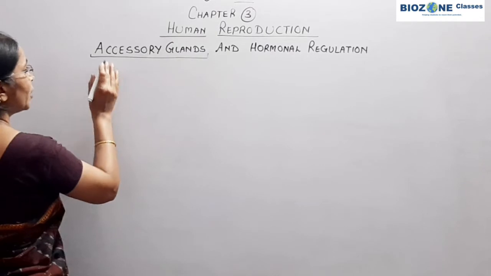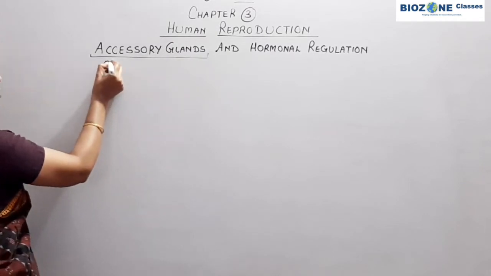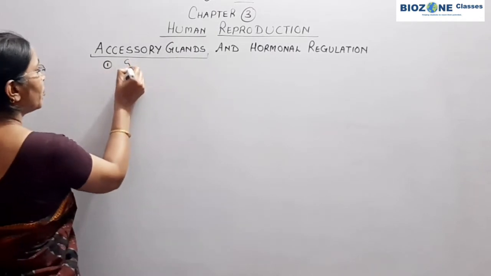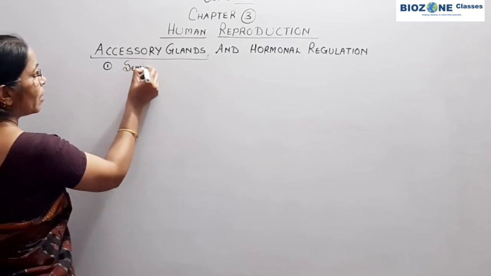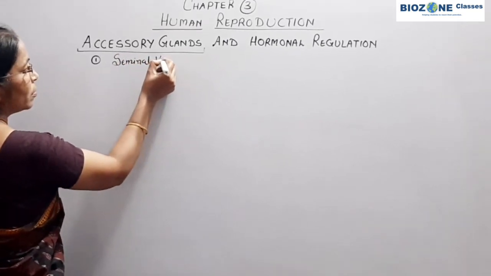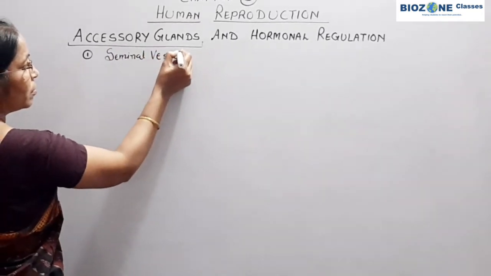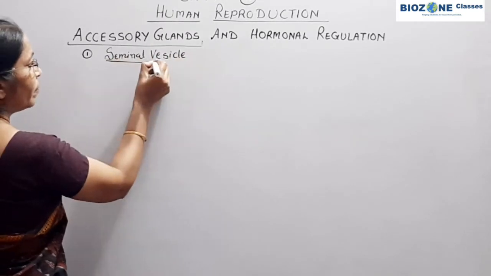The first accessory gland you remember is the seminal vesicle.